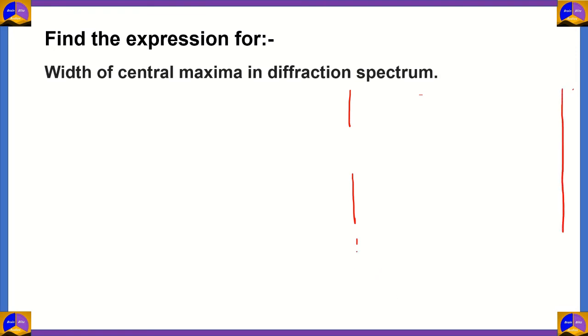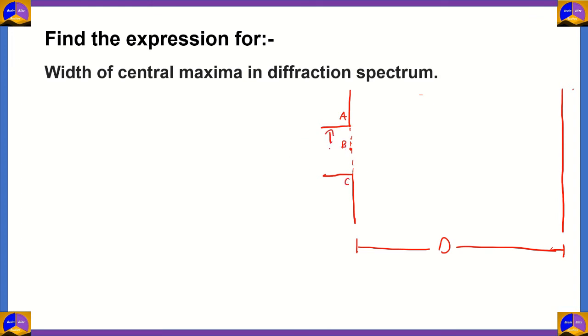Both of these are separated by a distance capital D. Then you have points. Let's consider this to be A, and you have a point B here. When you're drawing an imaginary line, there will be a middle point called B, and then there will be a point C here.